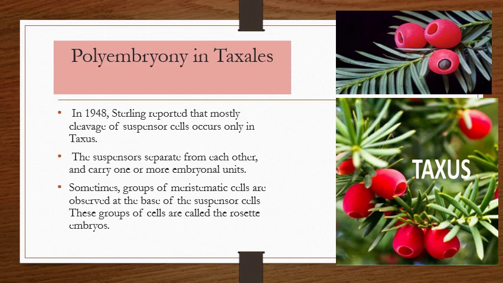The suspensors separate from each other, and each of them may carry one or more embryonal units. Sometimes groups of meristematic cells are observed at the base of the suspensor cells. These groups of cells are called rosette embryos. Further development, however, does not take place in these embryos. So this is all about polyembryony in Taxodiaceae.